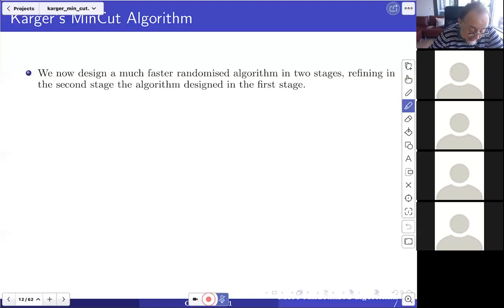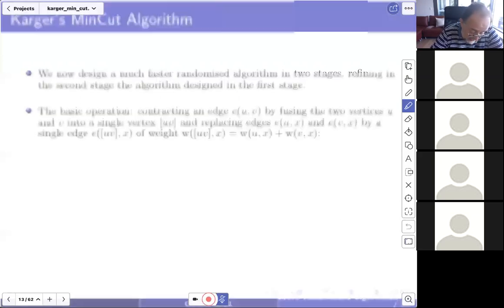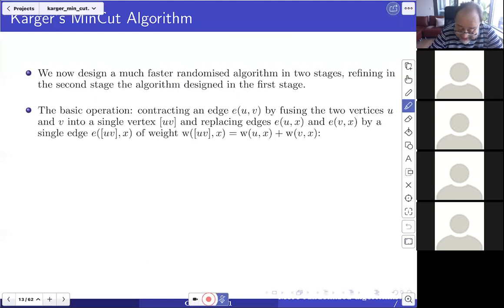As we present this famous algorithm, the Karger min cut algorithm, we will present it in two stages. In the second stage, we will refine the construction of the algorithm that we design in the first stage. And the main idea is actually amazingly simple.